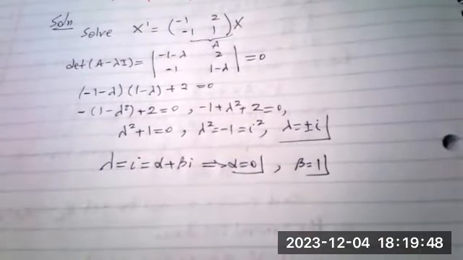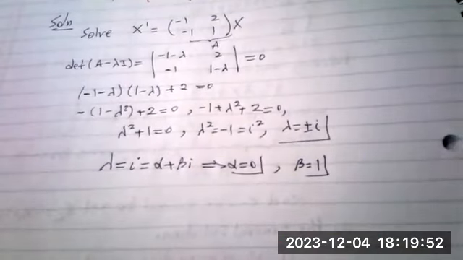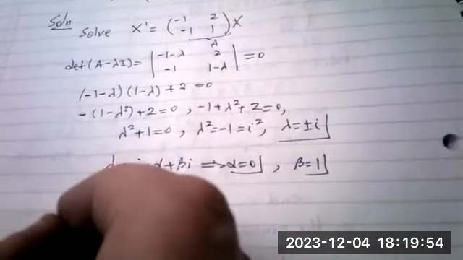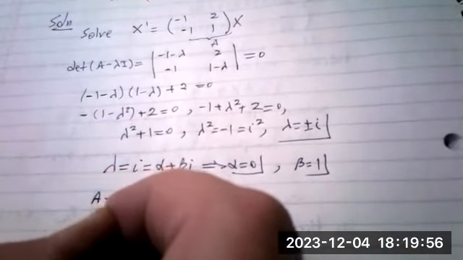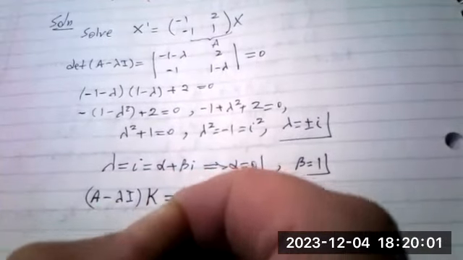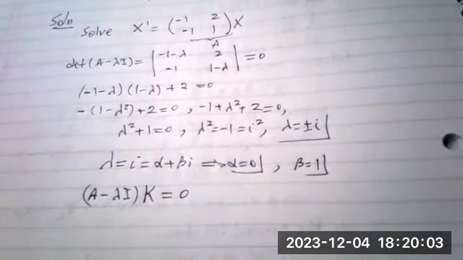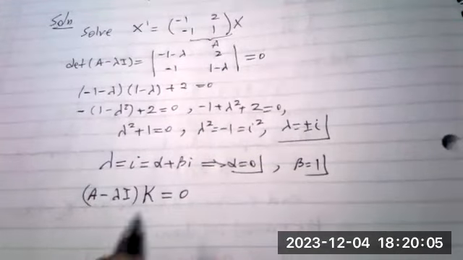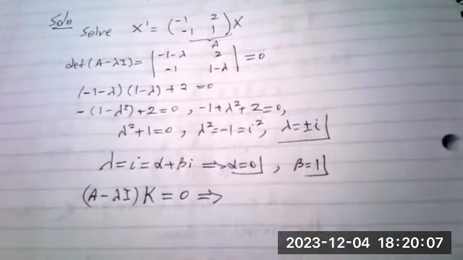So you have to find the eigenvector for this one. Okay, so you have to find the K, with the condition that A minus lambda I times K equal to 0. That's how we find the vector K. So you are going to form this one.